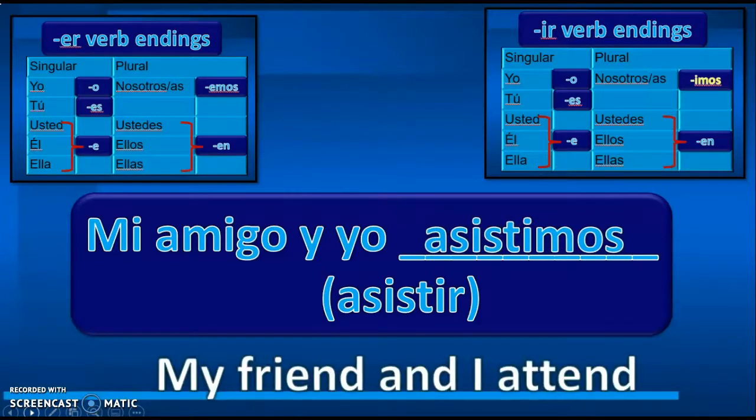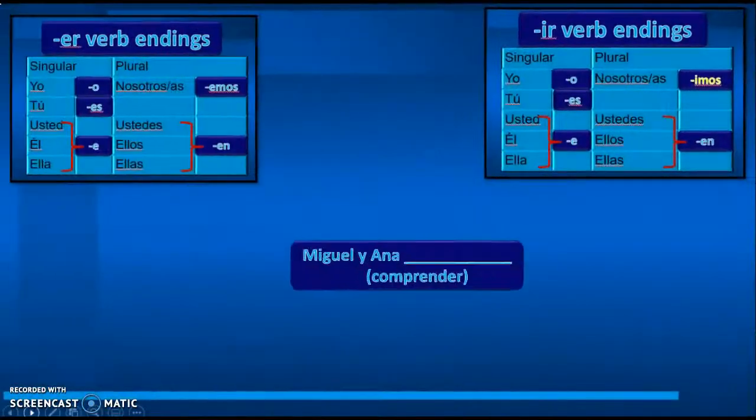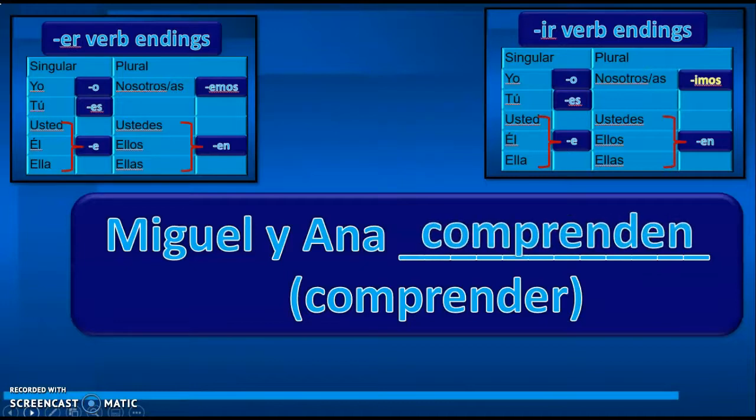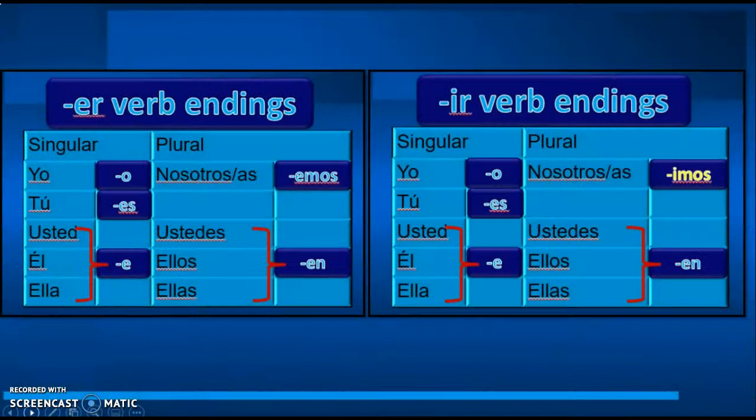My friend and I attend. If my subject is Miguel y Ana, that's a plural subject as well. It's an ER verb. Miguel y Ana is most like ellos, so you would use the ending en, comprenden. Miguel and Ana understand.